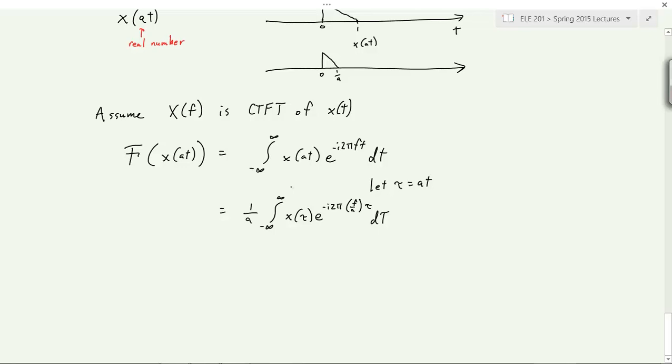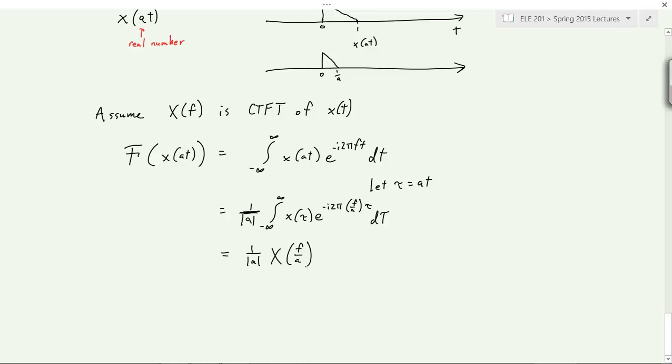We can handle that by bringing a negative 1 out front if a is negative, right? So it's equivalent to say that it's 1 over the absolute value of a. That handles the limits of integration. And this equals 1 over the absolute value of a, X of f over a.